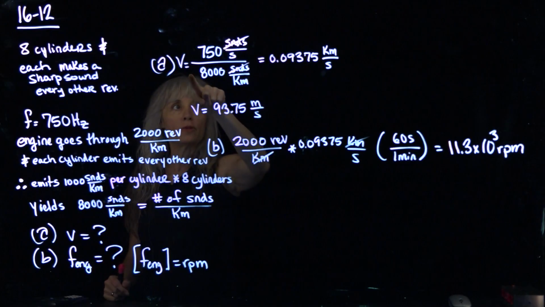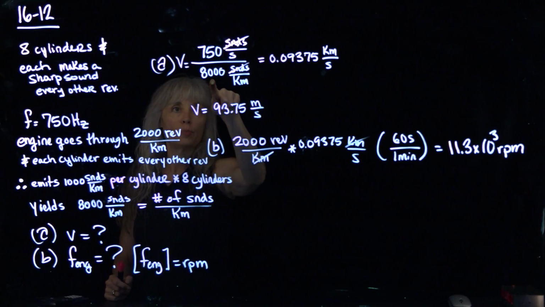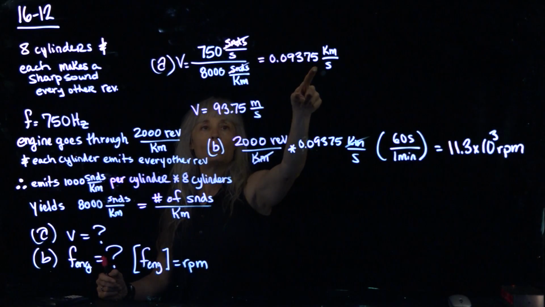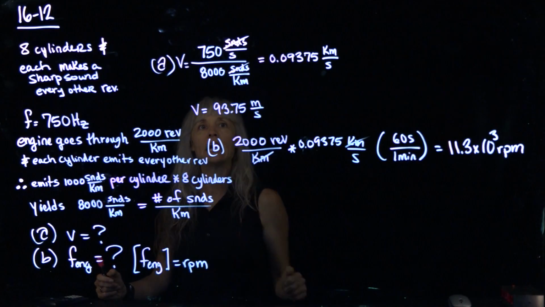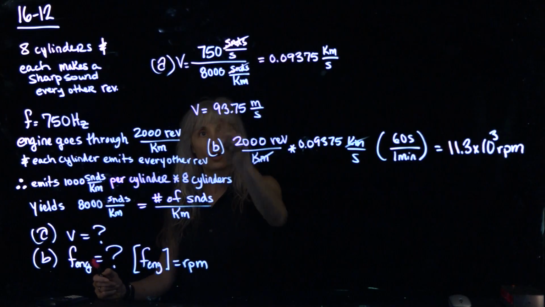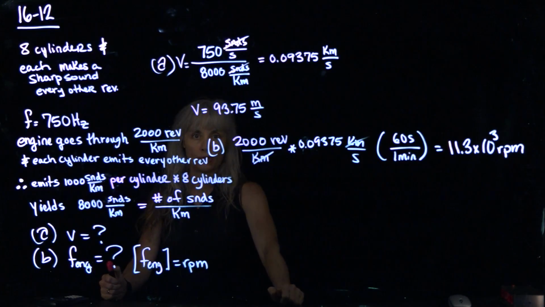So the speed of the race car is the frequency divided by the sounds per kilometer, and when we convert the kilometers per second to meters per second we get 93.75 meters per second. So this race car is traveling very, very fast, 93.75 meters per second.